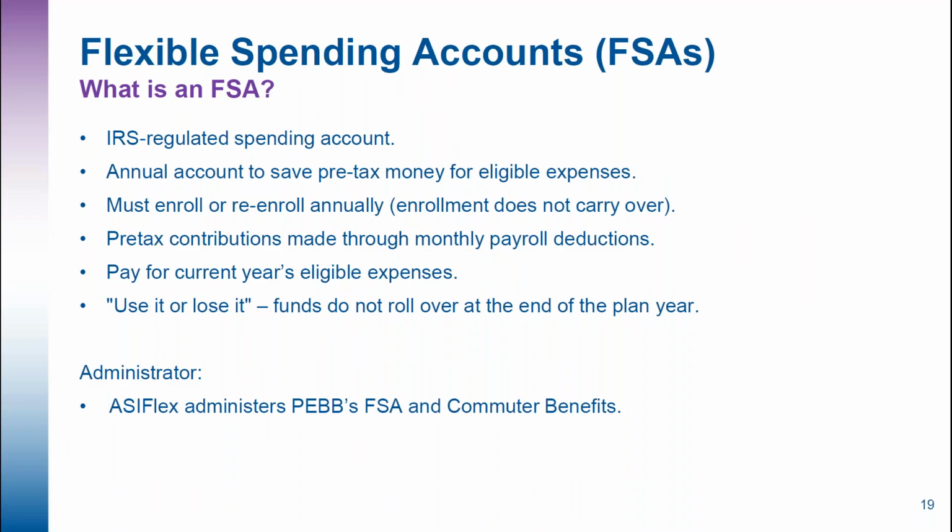So the money doesn't go back to your employer, the money doesn't go back to you. The money basically sits with PEBB and it gets put into another fund, and we use it to help buy down the premiums on the PEBB side.